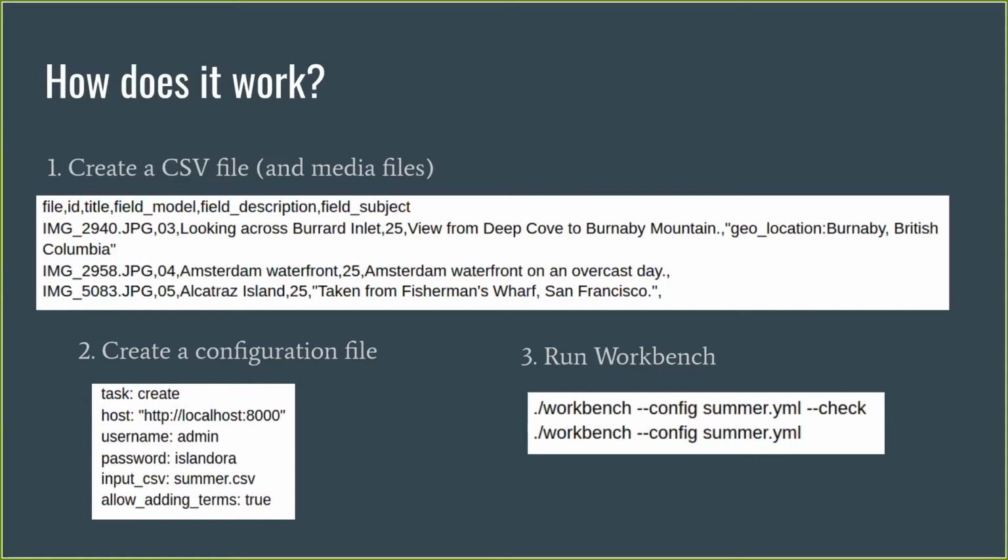The standard CSV file name is metadata.csv, and I'm using a custom file name called summer.csv. Allow adding terms is true. By default, Workbench does not let you add new terms to your vocabularies. If you try to do that, it'll say, sorry, I'm not going to do that. You have to go into your configuration file and add this option if you want to do it.